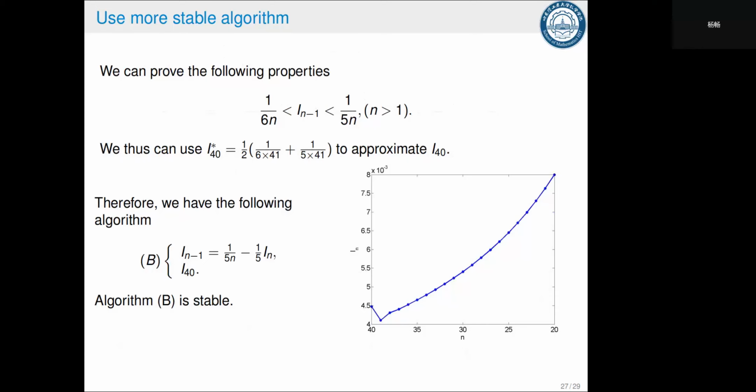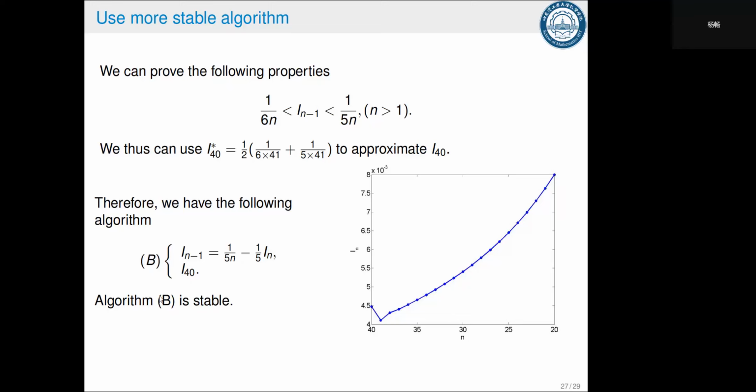And then the objective is again to compute I20, but this time you will use I40 as a start point. So if you get something as I40, you substitute it for I_n, so you get I39, and then you put I39 here, you get I38, etc. You continue this procedure, and finally you can get I20.